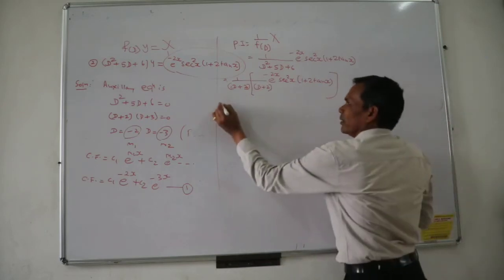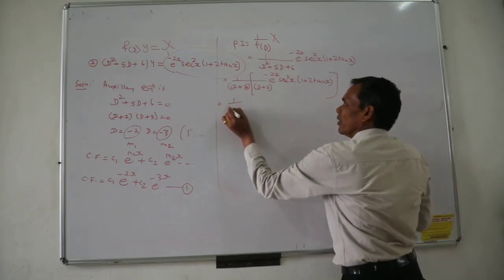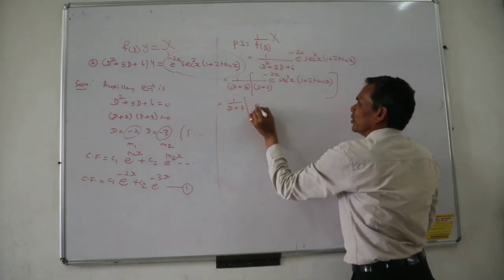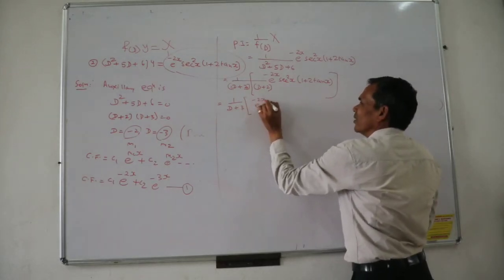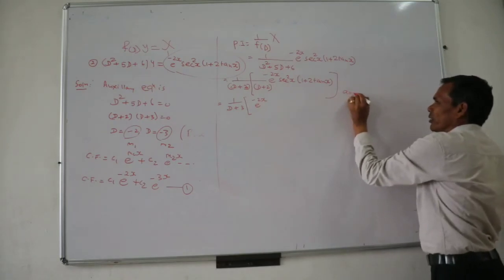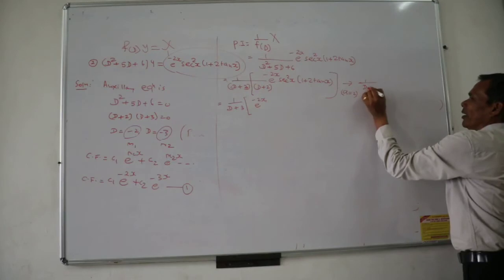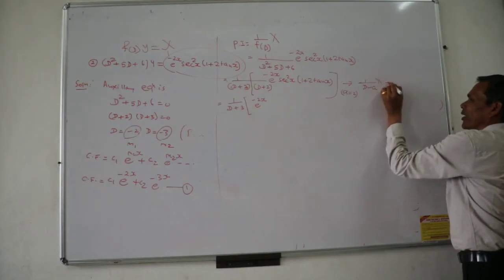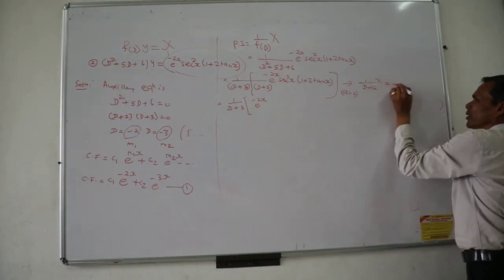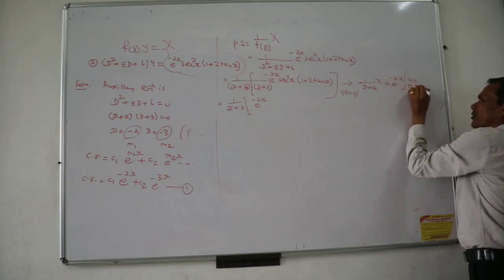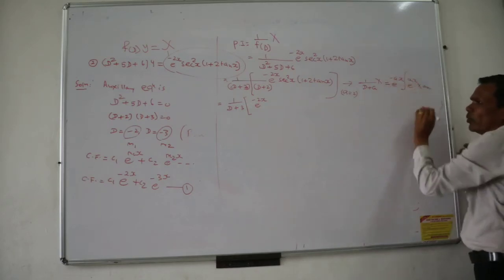It would be using the general formula, D plus 3, and this would be e raised to minus 2x, because a is equal to 2 here. Using the general formula, it is 1 upon D minus a operating on X, that is e raised to ax, integral of e raised to minus ax into capital X. I am using this formula here.